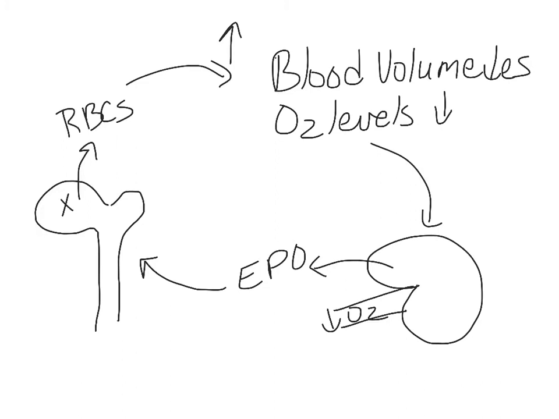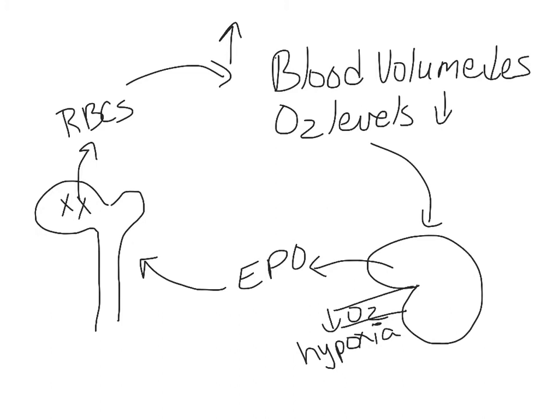So when we have low oxygen levels in our blood, we call that hypoxia. So erythropoietin will be released then with hypoxia. And erythropoietin actually has two different effects on the red bone marrow. First of all, it stimulates erythropoiesis.